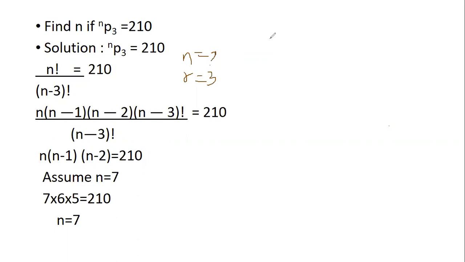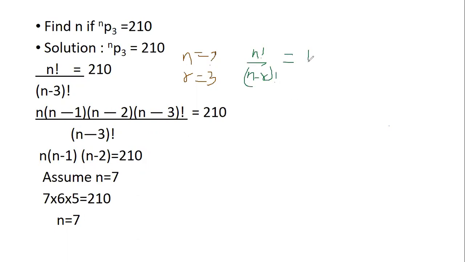Okay, now, how do we go about it? We'll be using the same formula. But here, since we do not know n, we will not put in any number, and will instead use it as n only. So what is the formula? n factorial divided by (n minus r) factorial. Correct?